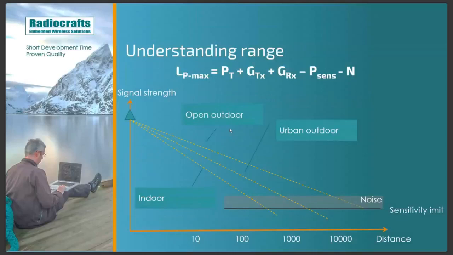You can increase the signal strength by having this triangle on your left side move up. You can increase the range by having the sensitivity level go down, meaning a more sensitive radio with better sensitivity, or you can reduce your noise, and that will also affect the range. Now, this is not something you can change in real life.